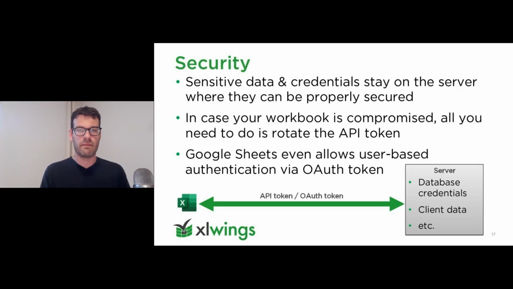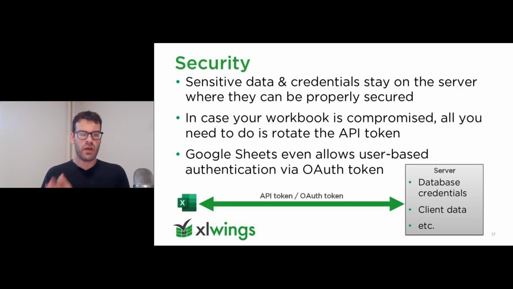Traditionally, that's either somewhere on a spreadsheet, or maybe in VBA, or maybe in a local file on your desktop. In any way, it just isn't ideal. So let's say if you have it in the spreadsheet and somebody gets their hands on the spreadsheet who shouldn't, then your credentials are exposed and they can basically log into your database, which isn't ideal. And then you have to go to your database and rotate the credentials there, which is a hassle.